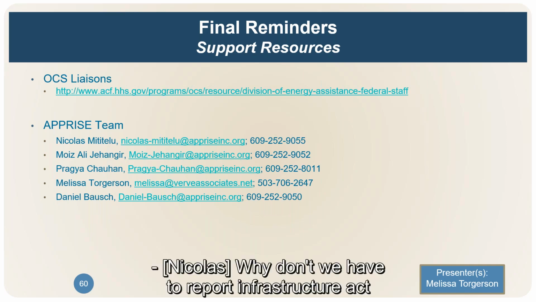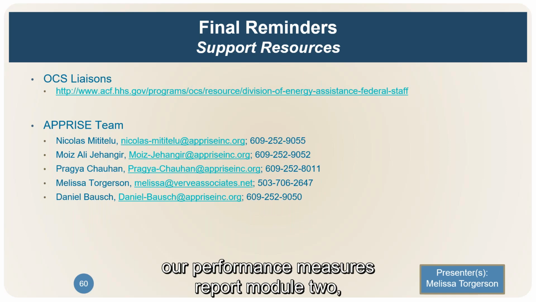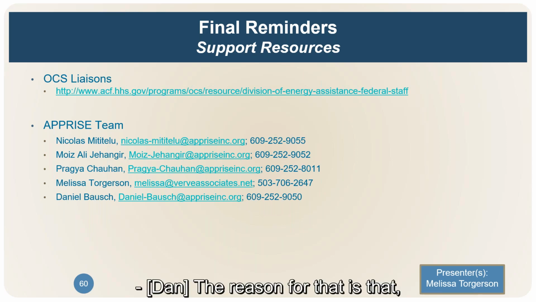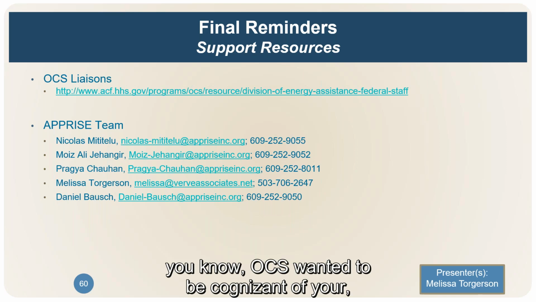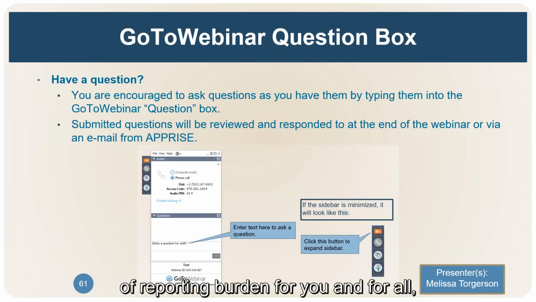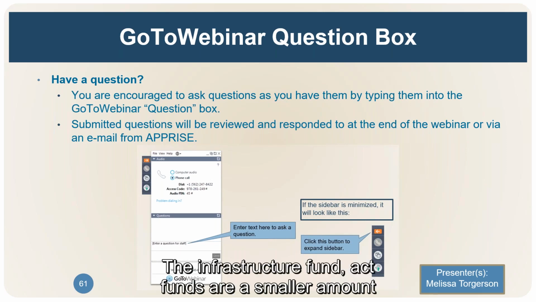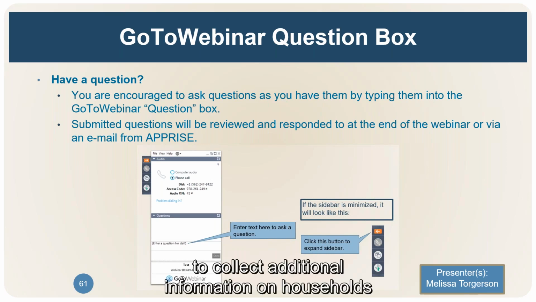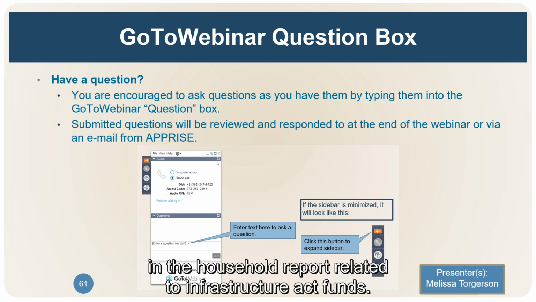Why don't we have to report Infrastructure Act funds separately in our performance measures report, module 2, like we had to do for the grantee survey? The reason for that is that OCS wanted to be cognizant of your reporting burden for you and for all grant recipients. The Infrastructure Act funds are a smaller amount of funds, and they made the decision not to have to collect additional information on households in the household report related to Infrastructure Act funds.